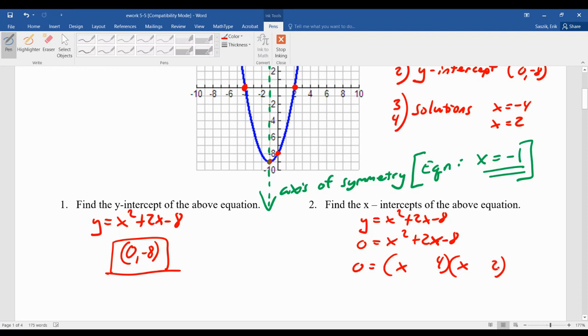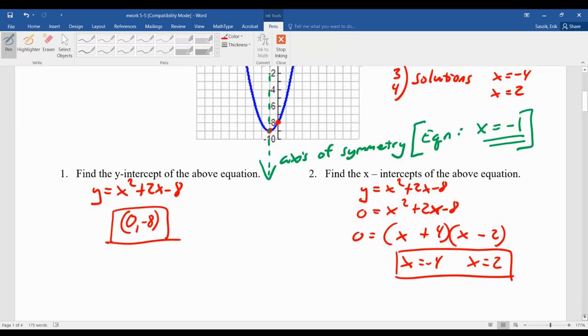That would be 4 and 2. Signs are different. And check this out. I get -4 and I get +2, which of course matches what I wrote earlier based on the graph. So you see, we have different ways of figuring this out, from the graph or algebraically. Okay?